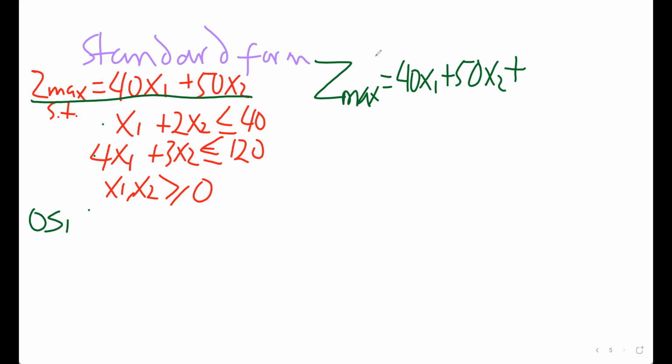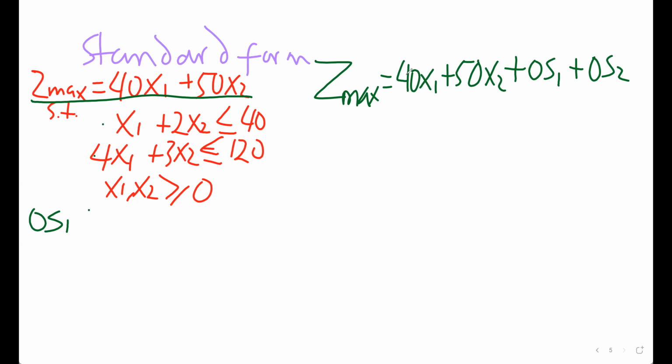So knowing that, we are now going to write plus 0s1 and then plus 0s2. As for the 0 in front of it, you understand why we made it 0. So that is how you introduce the slacks into the objective. Remember, we are writing the standard form.